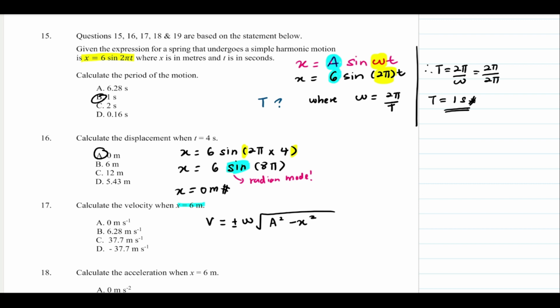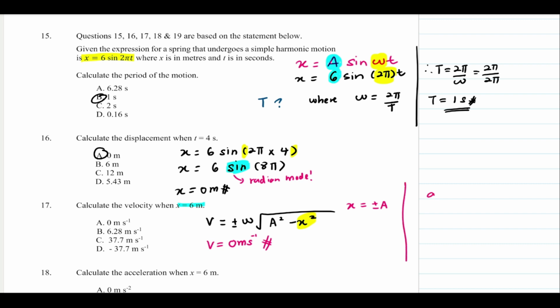Bila you faham konsep di mana at X equal to amplitude, when the value of X, okay, equal to plus minus A, automatically V dia akan kosong. Tak payah kira. Velocity akan kosong at maximum displacement. Velocity akan maximum at X equal to 0.